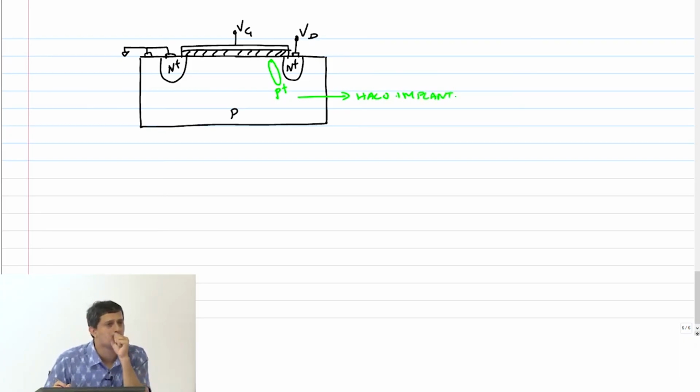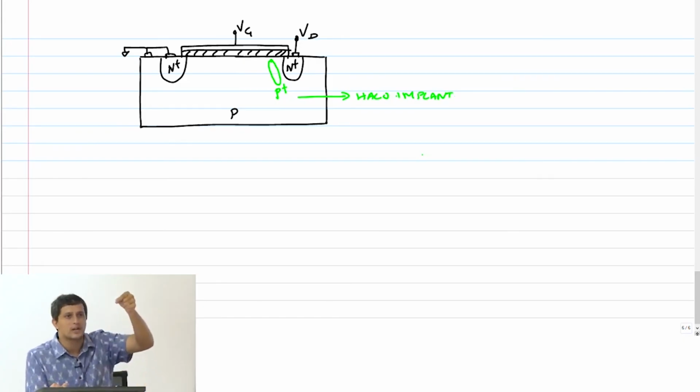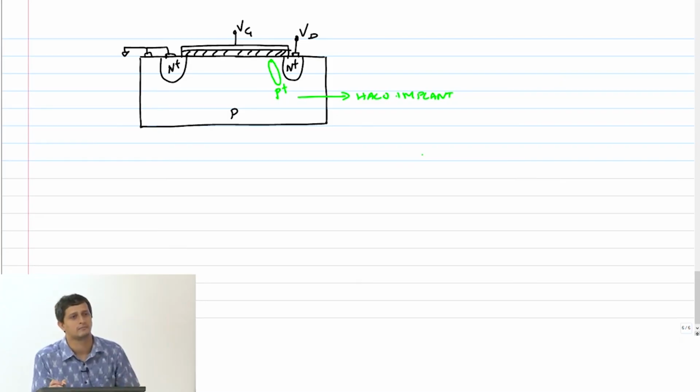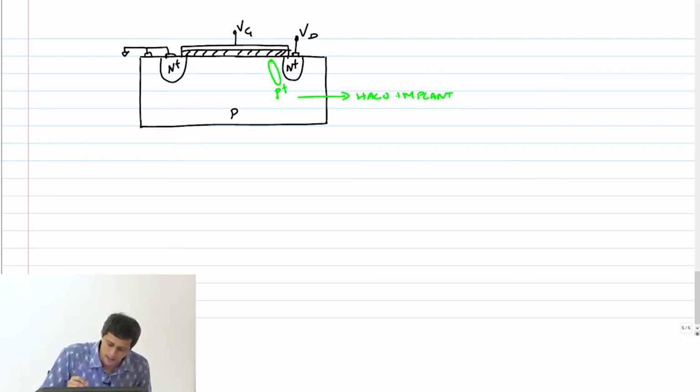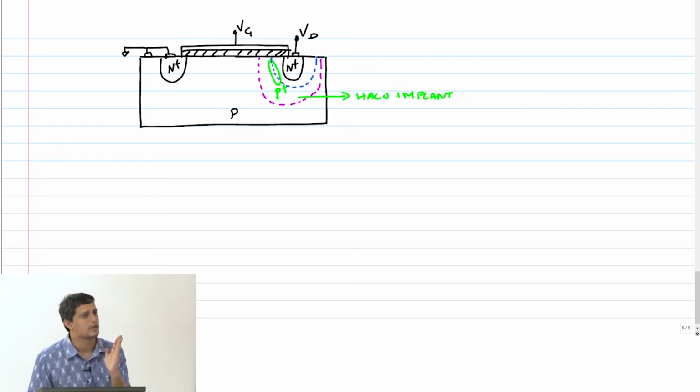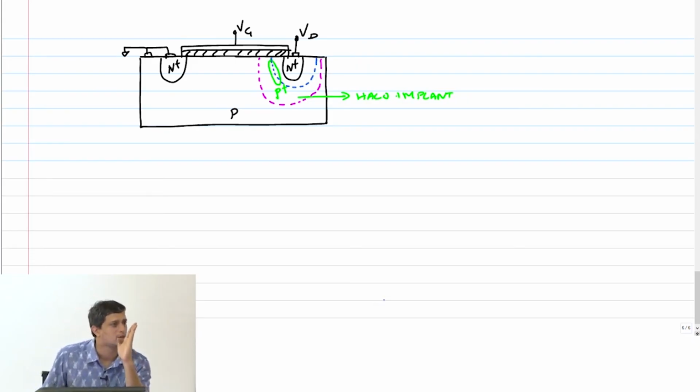Okay. Now what will happen? I apply VDS, but because this is a p plus and an n plus junction, now the depletion region will penetrate further into the n plus than the previous case. So effectively, if this was my earlier depletion region that was formed, now it would simply come down to, let me use blue, it would come down to this, because the p plus is there just near that diffusion region.